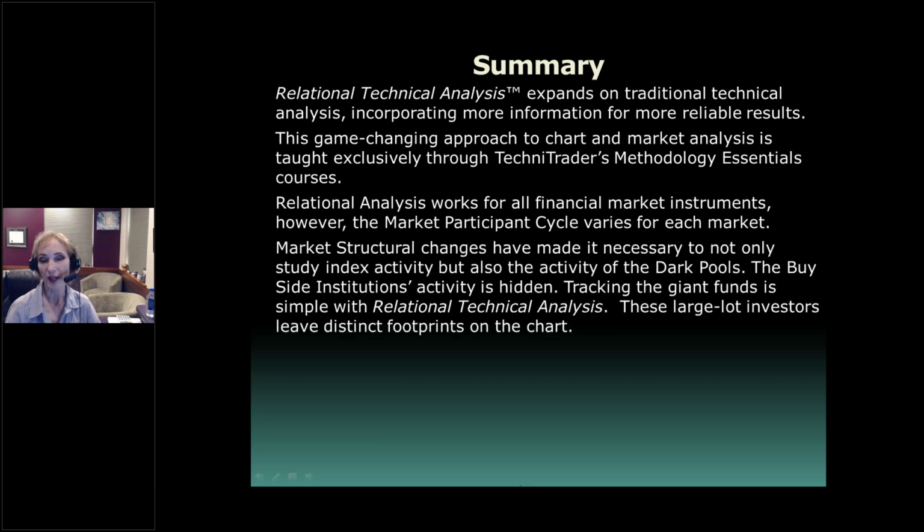Market structure changes have made it necessary to not only study index activity, but also the activity of the dark pools. The buy-side institution's activity is hidden from you and the HFTs and anybody trading on the exchanges. Tracking the giant funds is simple with relational technical analysis. These large lot investors leave distinct footprints on the chart, and they're easy to see.